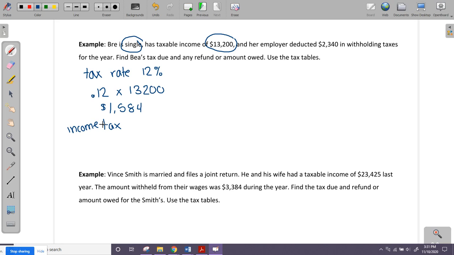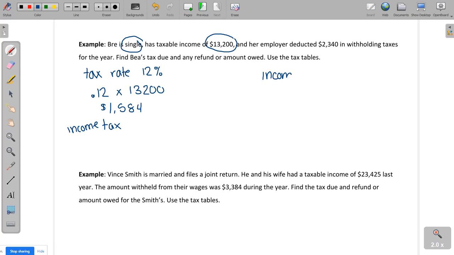So now we need to compare. Income tax, we're going to compare. Our income tax, we figured out, was $1,584. Our withholding, what our employer withheld, was $2,340. So we owe $1,584, but our employer took out more money than what was needed.